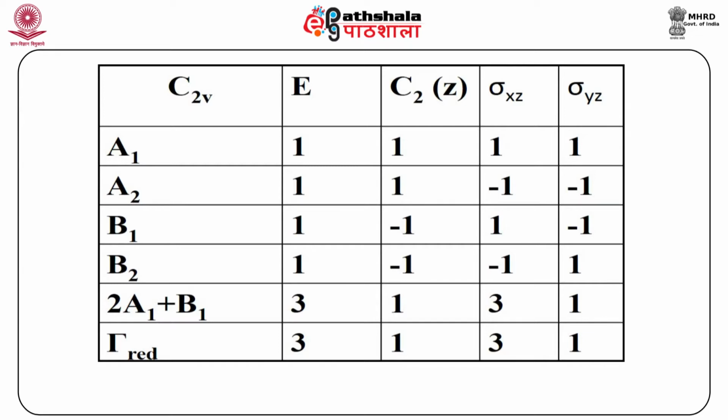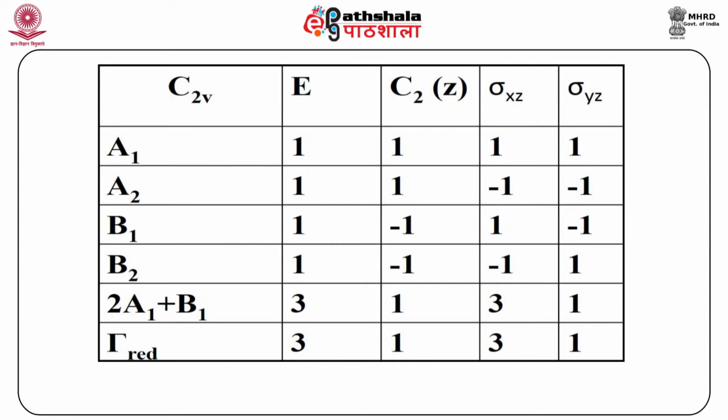If I simply add 2A1 plus B1, that is, take the irreducible representation A1 two times plus B1, I get the characters 3, 1, 3, 1, which is the same as tau reducible.